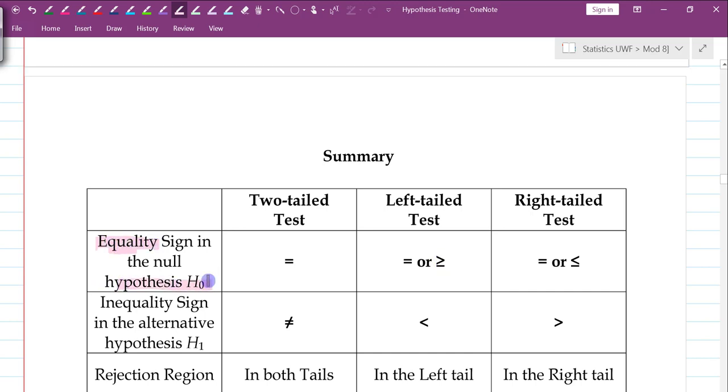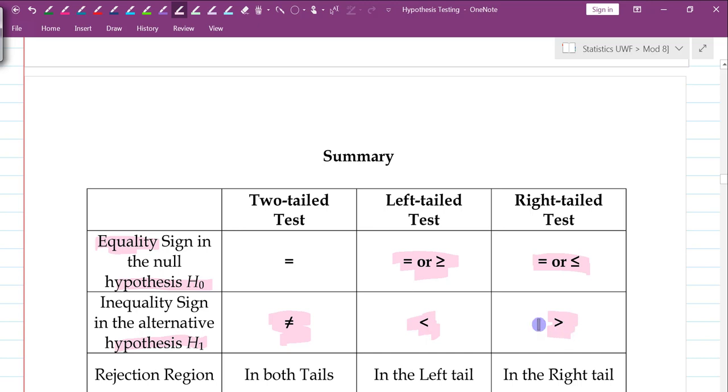And if it's a right-tailed test, it's going to be equal to or less than or equal to. Either one of these is fine in these scenarios. For the two-tailed test, the inequality sign for the alternative hypothesis is not equal to. For a left-tailed test, it's always less than. And if we're talking about a right-tailed test, it's always greater than.